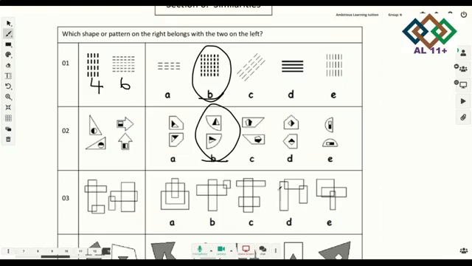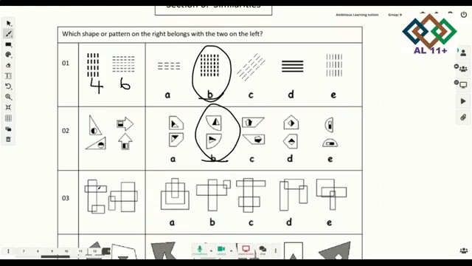In number 3, what are we looking for now? Oh, sorry. What are we looking for in this one? In this one, you're looking for the 3 triangles of different sizes. See?